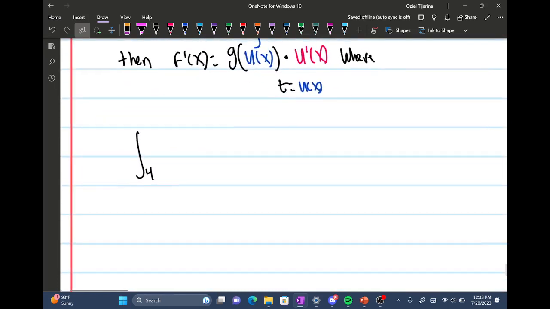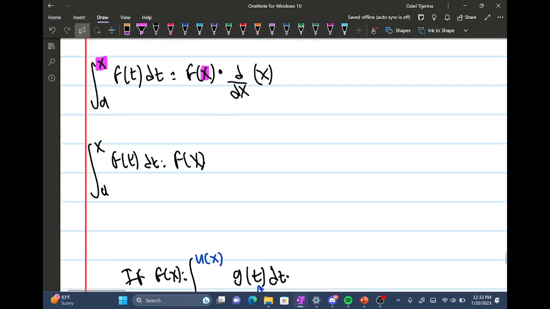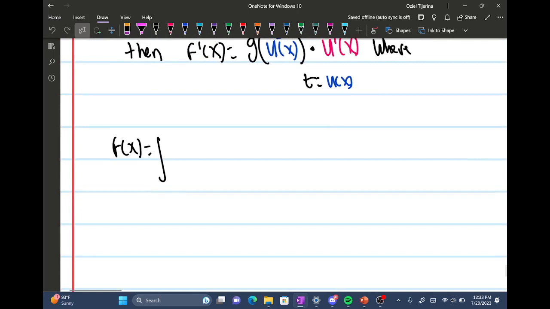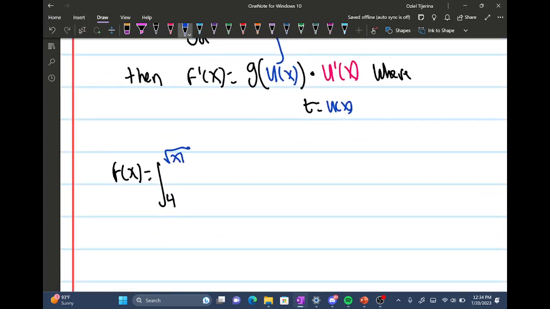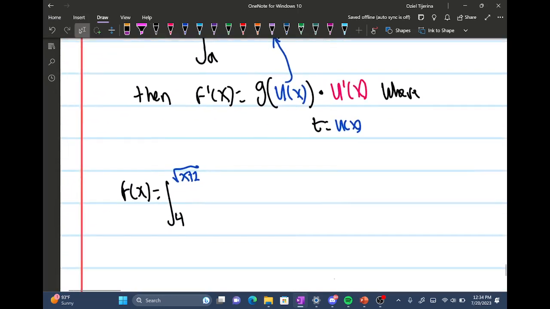But basically, if I know that f of x is equal to the integral from a to x, so it was from 4 to the square root of x plus 2, not x plus 2, so to the square root of x plus 2, of the quantity t squared over t squared plus 1 dt.